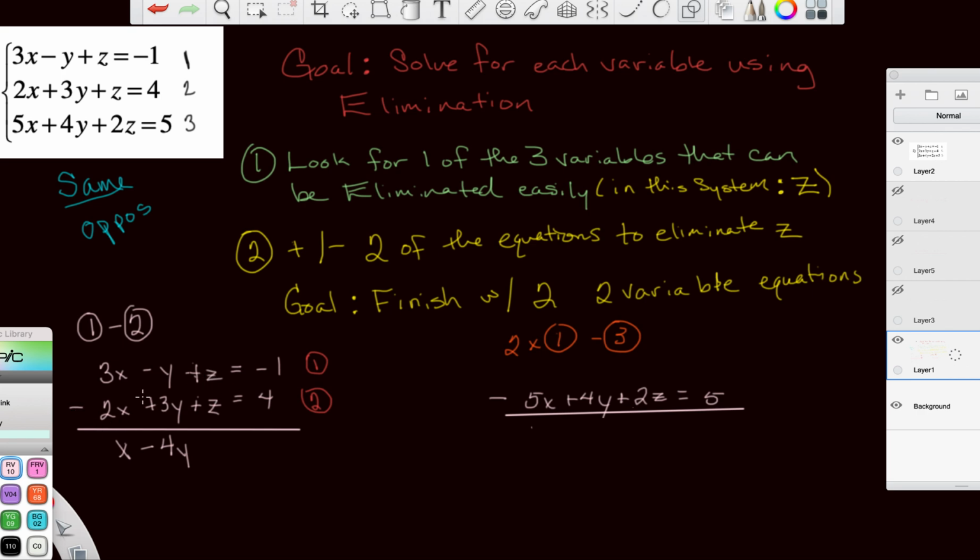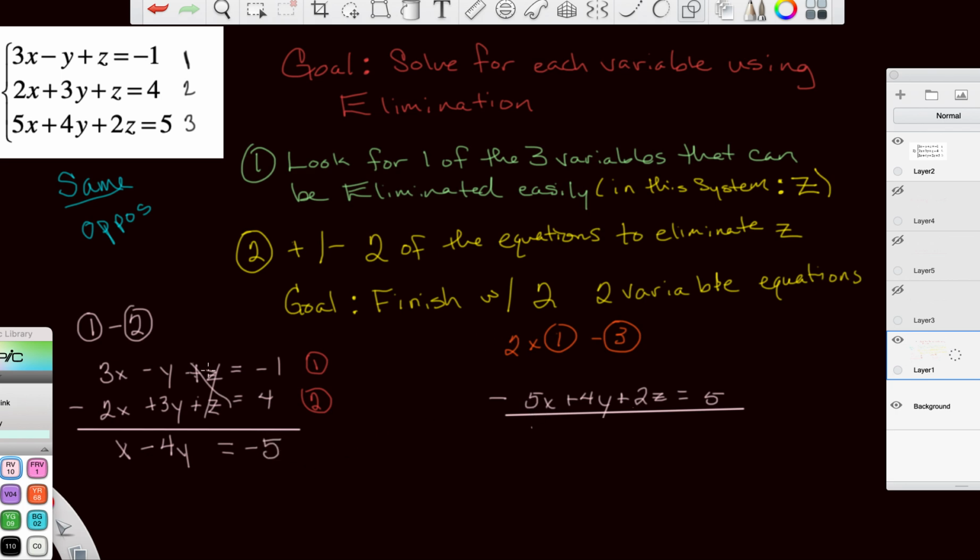Z minus z, the z's go away. They cancel each other out when you subtract one from another. 1 minus 1 is just 0. All right, and last but not least, negative 1 minus 4 equals negative 5.